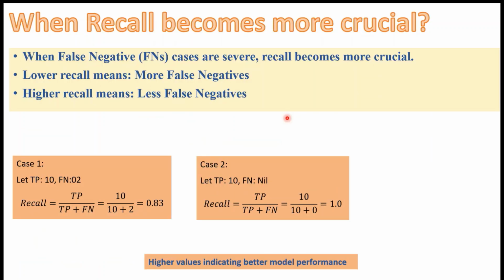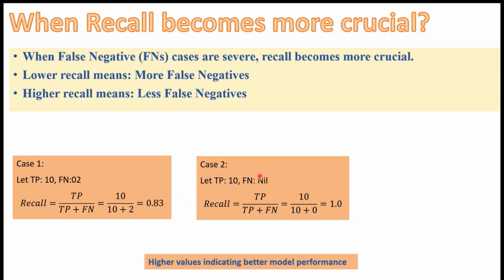So we need to minimize the false negative cases in order to get a higher recall value. We take two cases to understand how this works. We have seen the mathematical definition in the previous slide. First case, when true positive is 10 and false negative is 2, we use the mathematical definition and we get recall as 0.83, which is 83%.